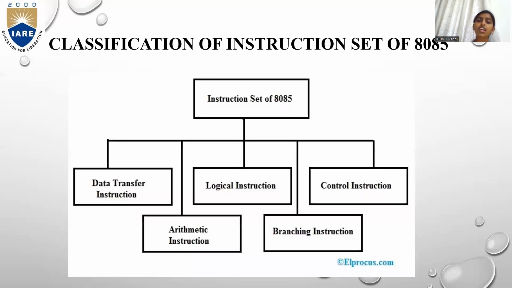So here is the classification of the instruction set of 8085. The instruction set of 8085 is divided into 5 instruction sets, that is data transfer instruction set, arithmetic instruction set, logical instruction set, branching instruction set, and control instruction set.